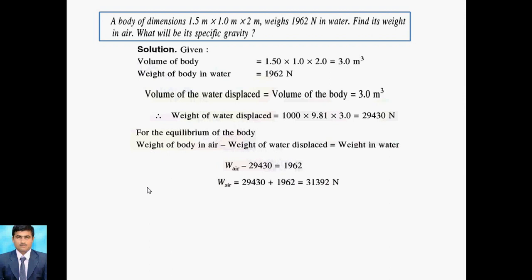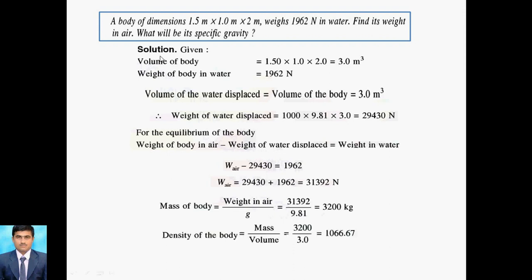Now we can calculate the weight in air. Next, the mass of the body: weight is equal to mg, so m is equal to weight upon g. That is 31392 divided by 9.81, which gives 3200 kg. So this is the mass of the body.